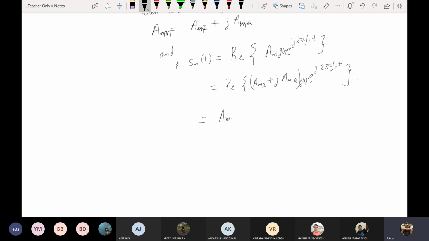That equals AMI g(t) cos minus AMQ g(t) sine. Right?